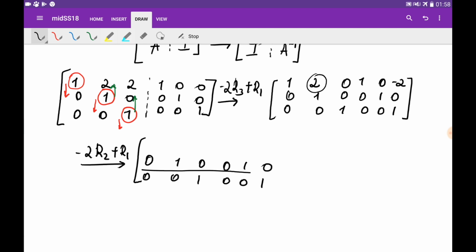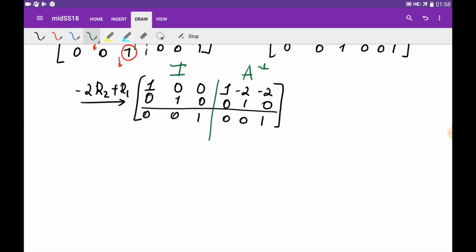Now if I multiply all the elements of the second row by minus 2 and add it to the first row, we obtain 1, 0, 0, 1, minus 2, and minus 2. So we bring this augmented matrix to the form where we have the identity matrix on the left-hand side, and the matrix on the right-hand side is going to be the inverse of this matrix.